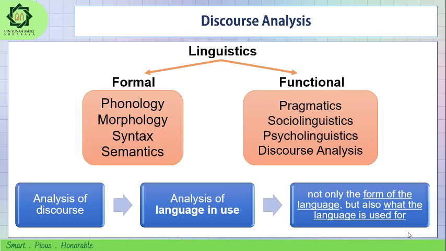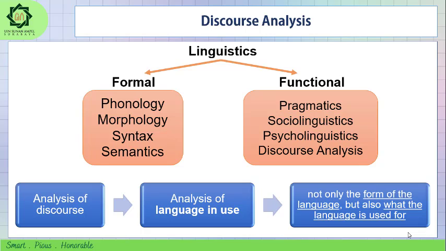In phonology, we learn about the sound or the phonetical aspects of a language. And then for morphology, we learn about the form of words or the structure of words. Syntax is the structure of language, and then semantics is the form of the meaning.